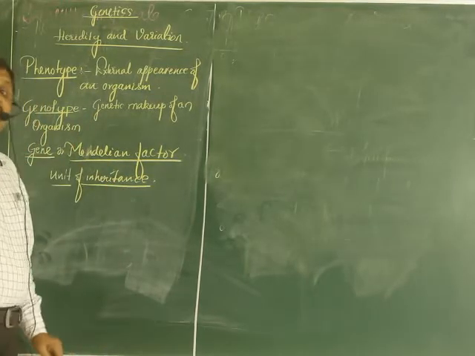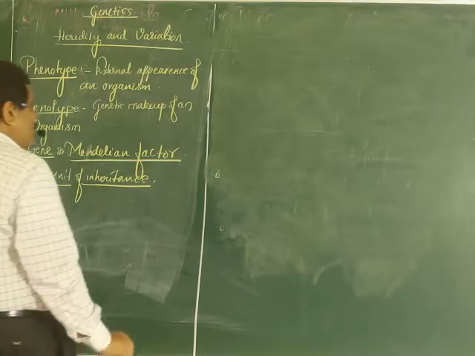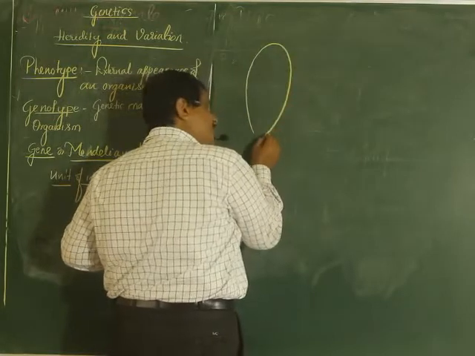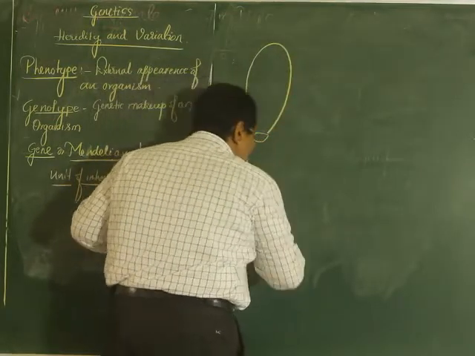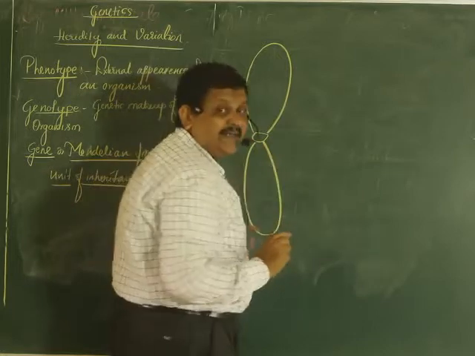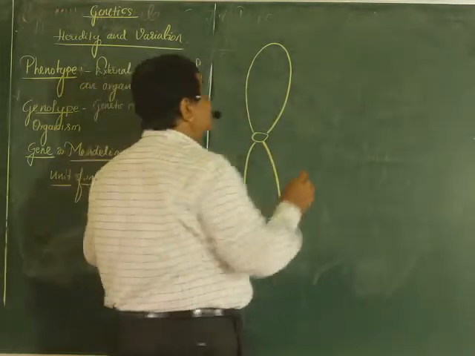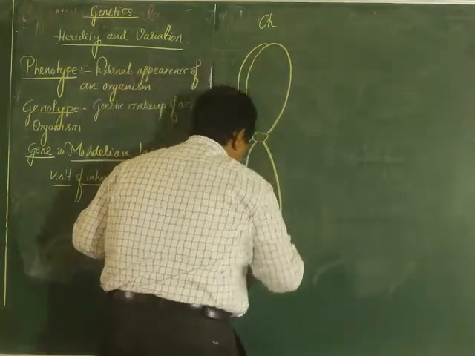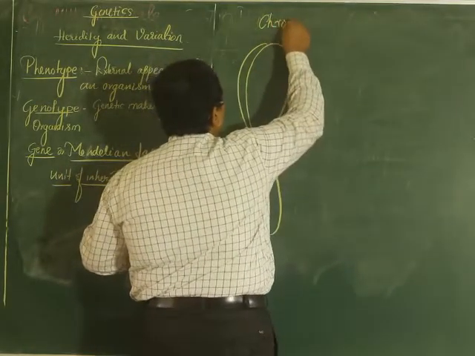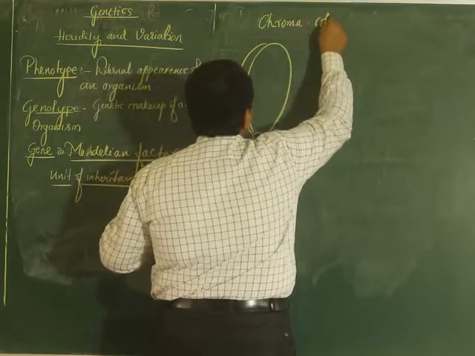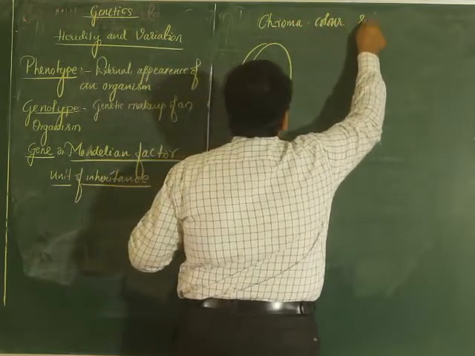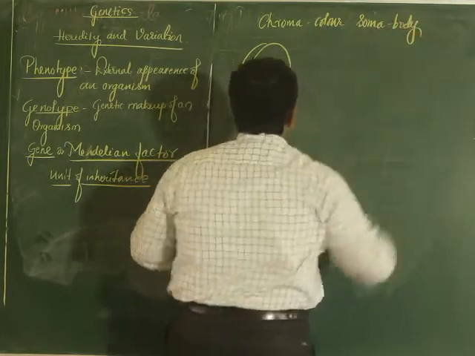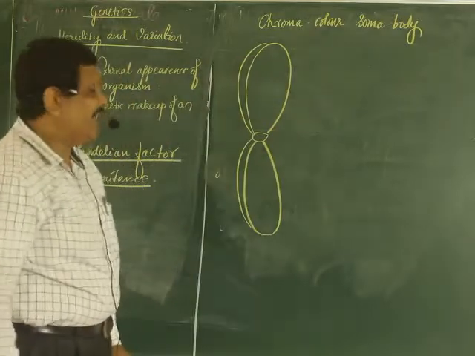Where exactly the gene is situated? Suppose imagine this is a chromosome. Why are chromosomes called chromosomes? Because chroma means color, soma means body. So chromosome means colored body.